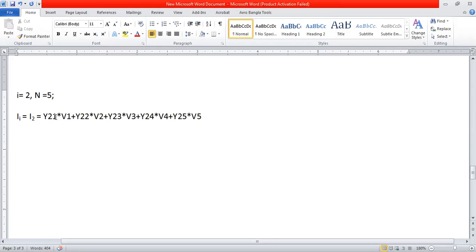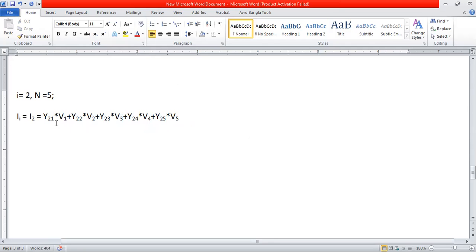So this is our equation. This is the current equation for bus 2 if the power system contains 5 buses.